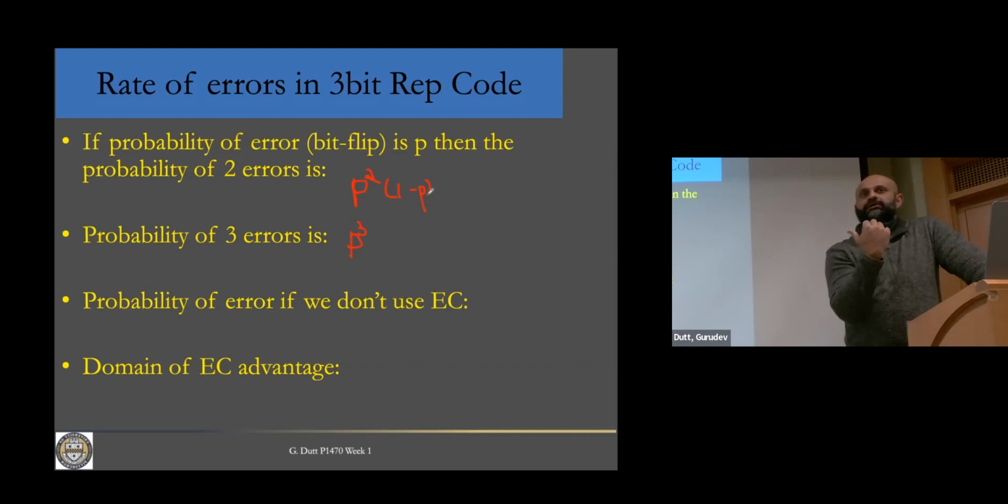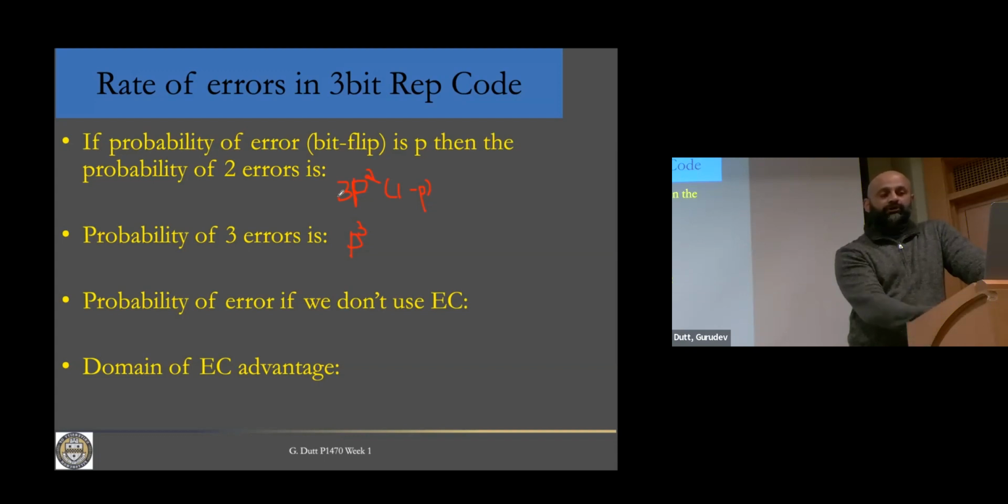But of course, that tail can be in any one of 3 locations. Right? It could be HHT, HTH, THH, and similarly for all the other possibilities. So we need a factor of 3 in front. So that's the probability that there are 2 errors in the string that I sent.